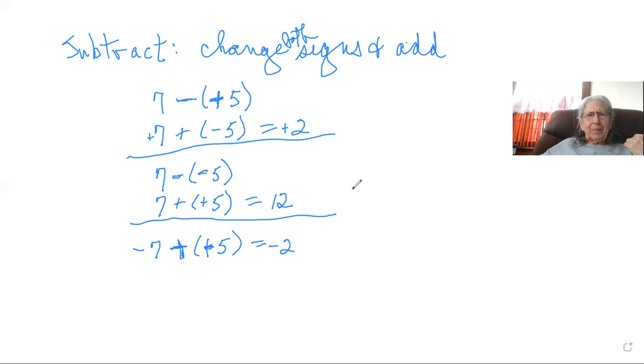Now, let's look at when this gets complicated looking. I'm going to clear this set of drawings.